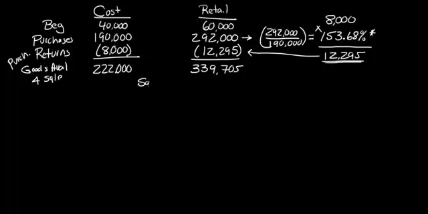Now what a company really does track on a daily basis is their sales. So let me move this over a little bit. What they track are sales. So we're going to record the sales of this company were 280,000, and they had some sales returns of 14,000.